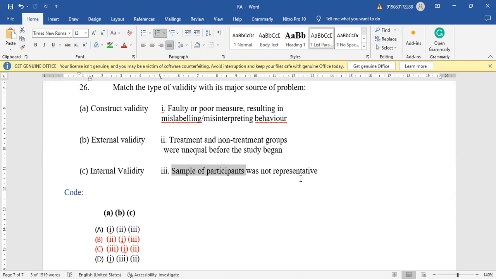That is what external validity is. One study's generalizations you are going to take for other studies. Now you have taken a sample, you arrived at a conclusion, you are going to generalize it. So this sample of participants was not representative in the new research. Correct?